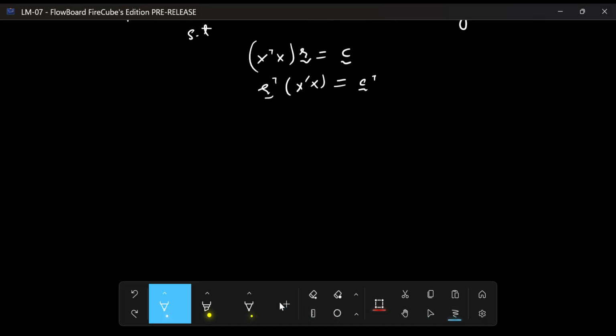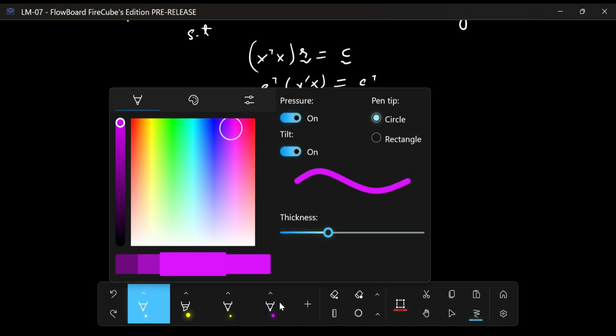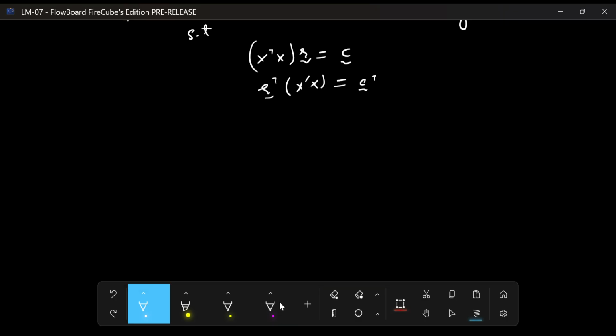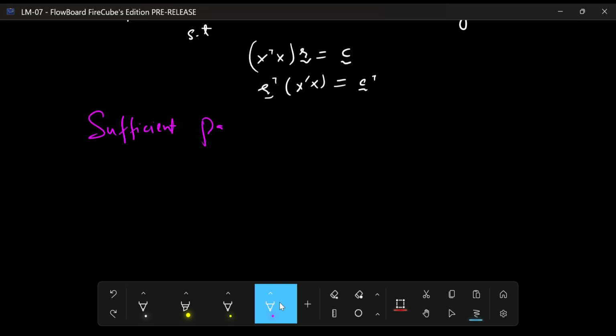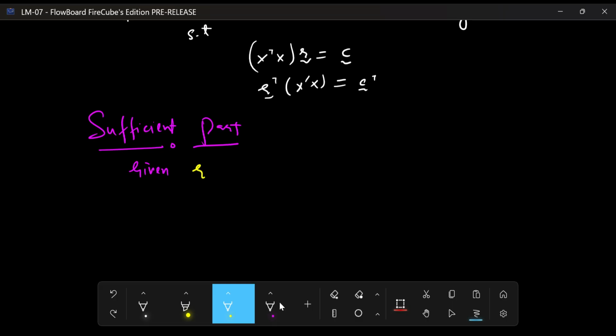Now the sufficient part. We are given R curl transpose X is equal to C curl transpose.